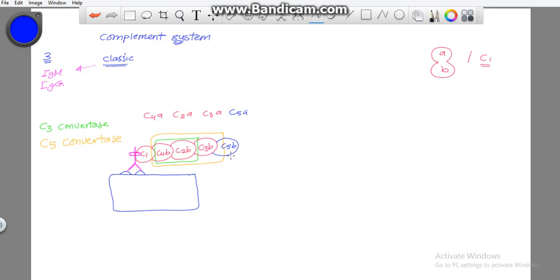C5b has the ability to bind with C6, C7, C8, and C9. And when they bind, they cap off this sequence. They form a circular arrangement of molecules, such as this arrangement, for example.